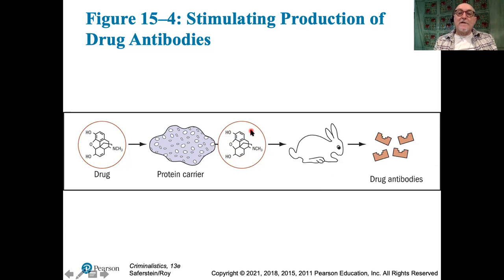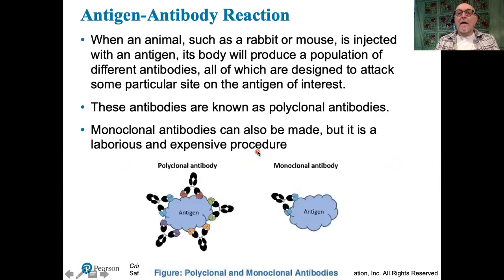Very often they will produce several different antibodies which may stick at different parts of the drug. So when we extract the antibodies, we're extracting something of a mixture of antibodies, but they're all specific to this particular drug.